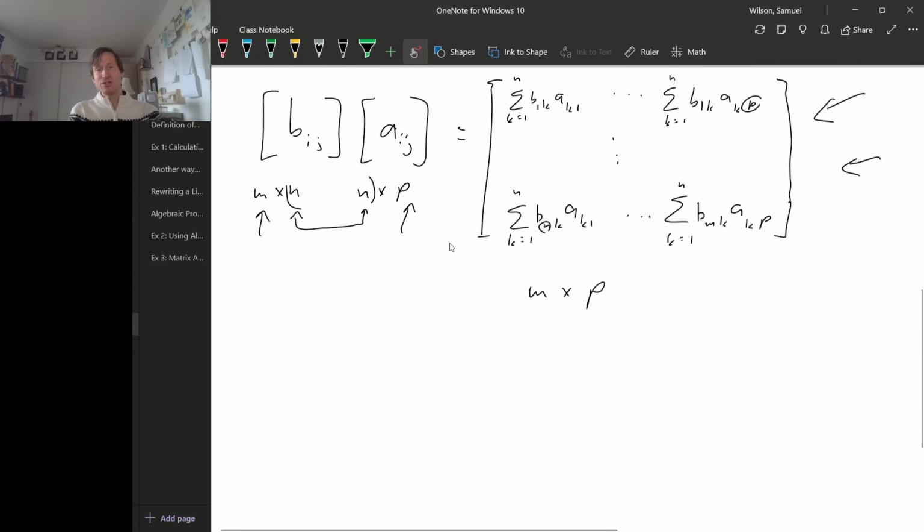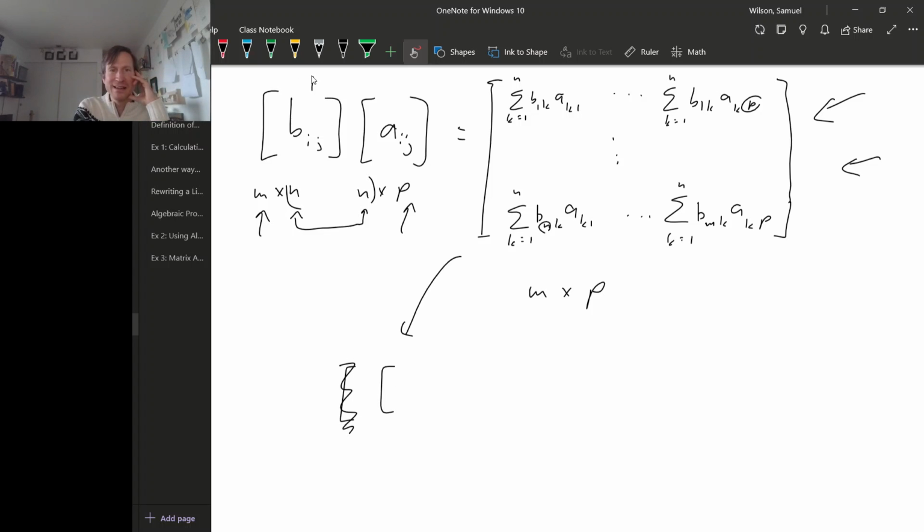Okay, so there's one good way to summarize this whole thing. So we can write this as, so this was the matrix, let's call this one B, and this one A. Okay, so if we want to write what is the matrix AB, and suppose we want to know the ijth entry.